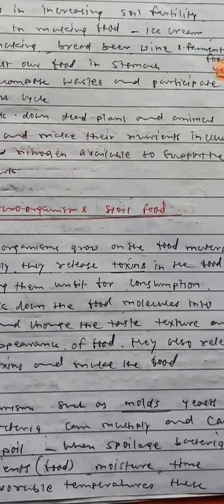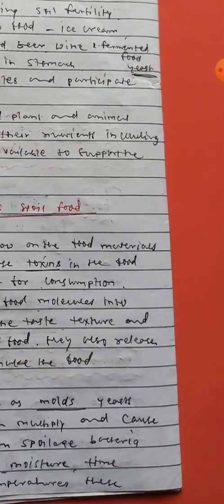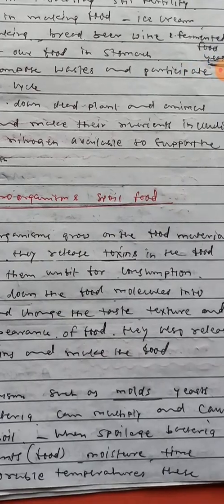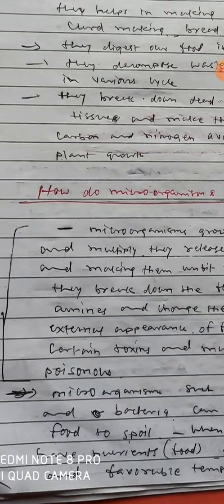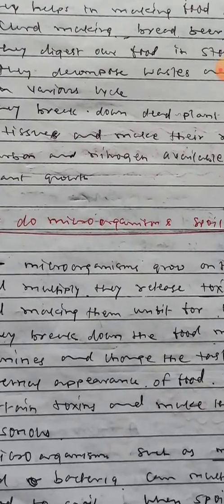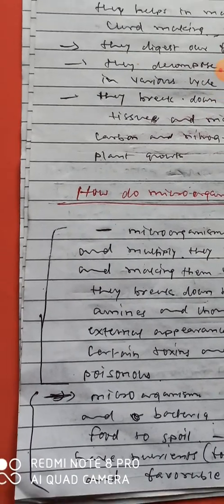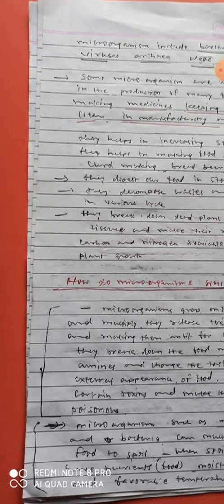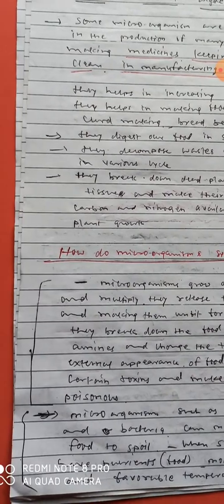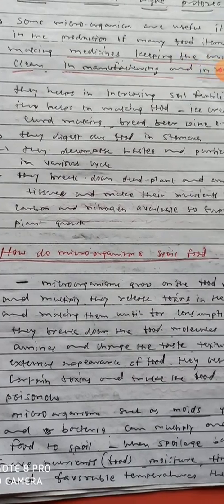They break down the food molecules into amines and change the taste, texture, and appearance of the food. They also release certain toxins that make the food poisonous. That's why I firmly say, you should not eat any spoiled food, because it becomes poisonous.